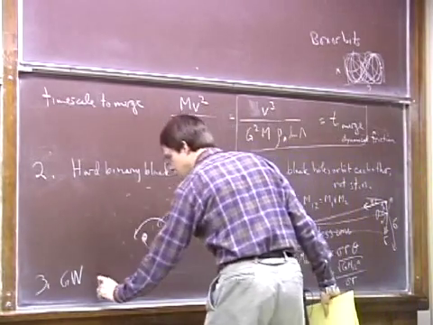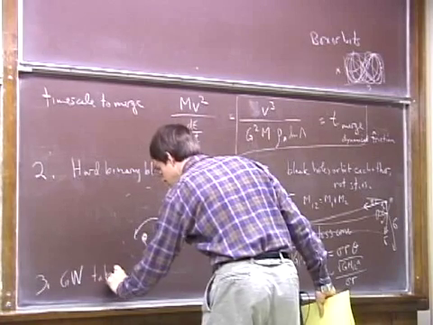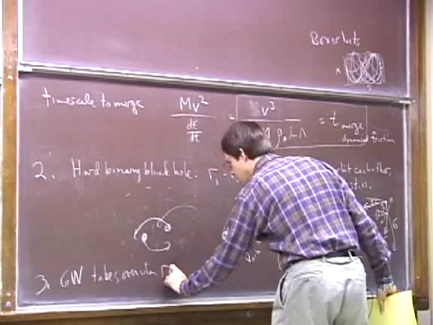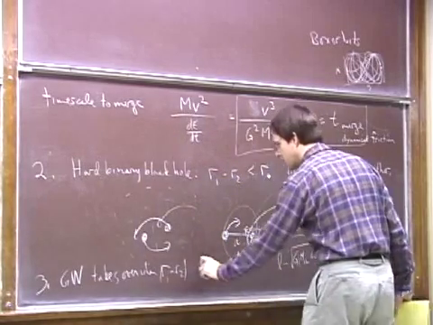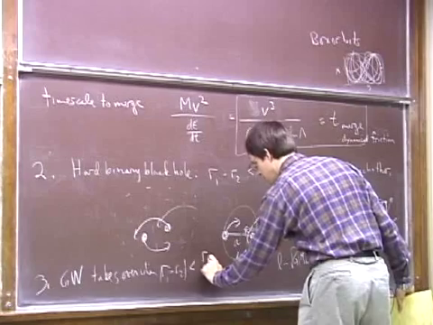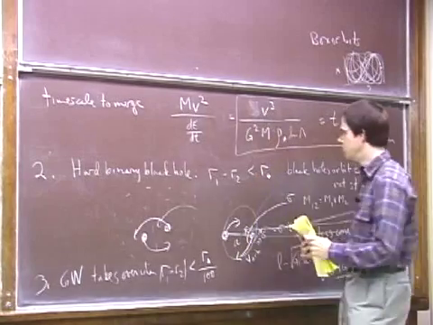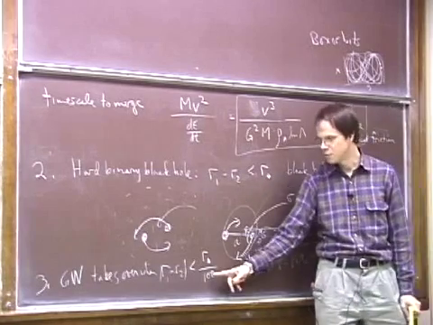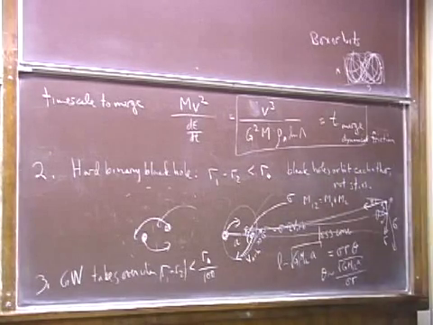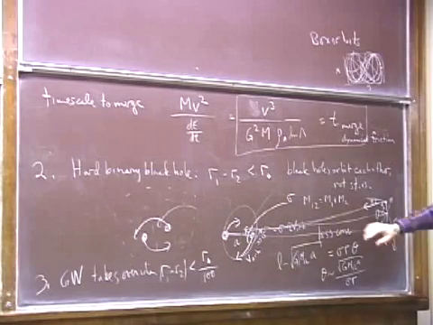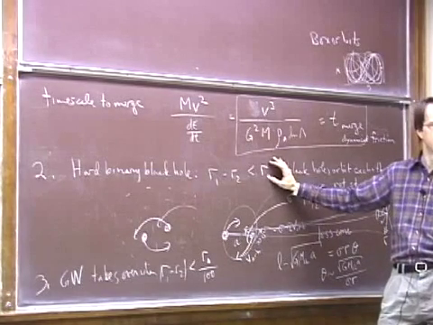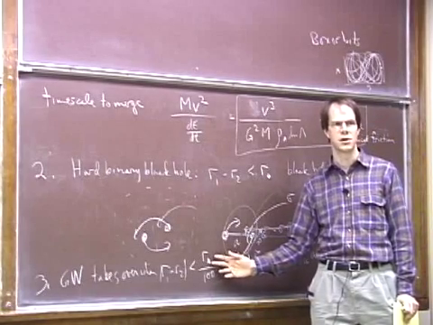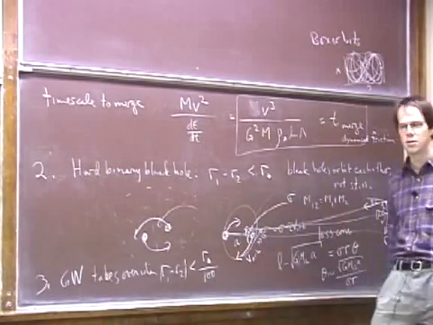The typical numbers are that gravitational radiation takes over when the separation between the two black holes is less than about the radius where they began to dominate the dynamics divided by 100. For 10 to the 8 solar mass black holes, this radius is like a parsec, so this is about a 100th of a parsec. 10 to the 16 centimeters is when the gravity wave lifetime becomes less than a Hubble time.